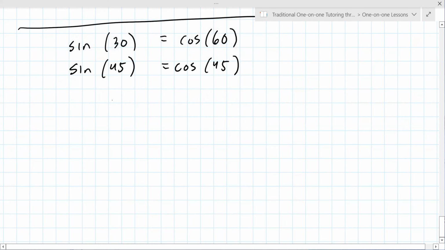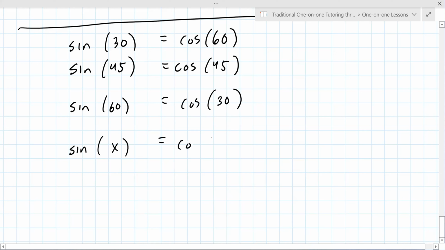The sine of 60 is the cosine of 30. You'll eventually sit there and be like, huh, they all add up to 90. So if I say it's the sine of x, what's the cosine of 90 minus x? Because x plus 90 minus x has to add up to 90.